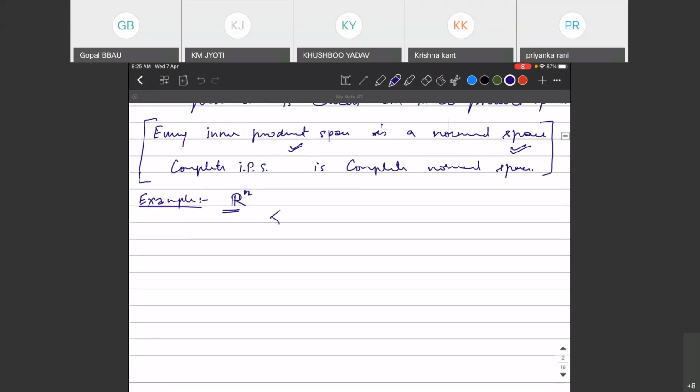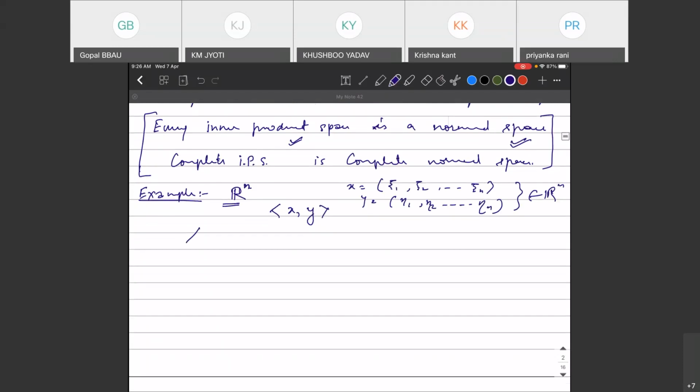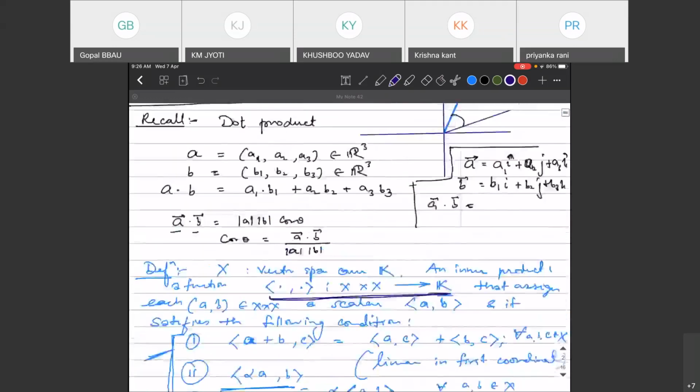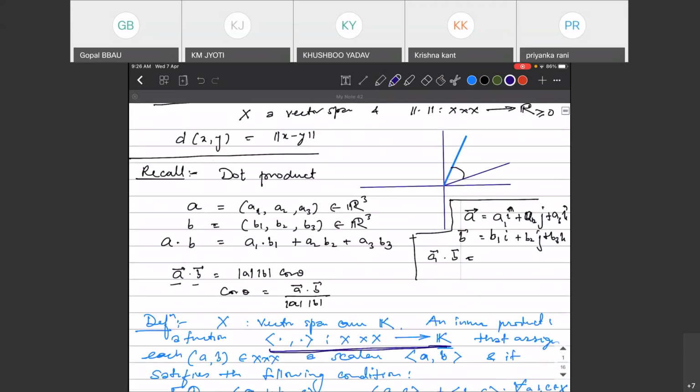So let us define an inner product on Rn. Take x equal to (xi1, xi2, ..., xin) and y equal to (eta1, eta2, ..., eta n), both belonging to Rn. Let us define x comma y, the inner product of x and y. You may guess what it would be from here.